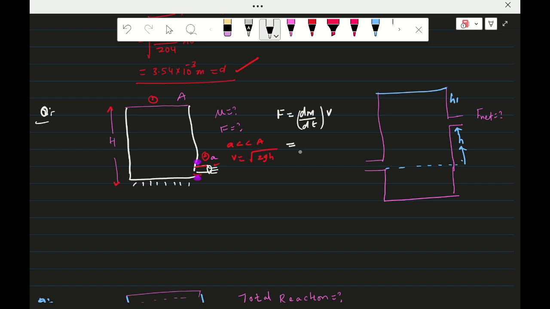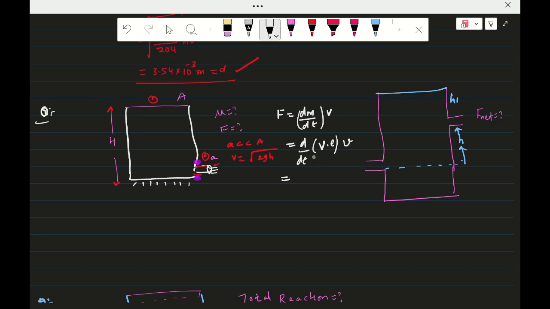So dm by dt, that means the mass of the amount of water coming out per unit time. I can directly substitute volume into density, and here the velocity v.